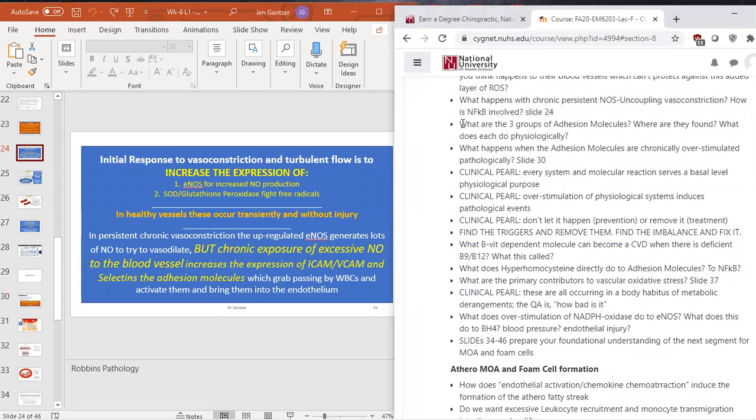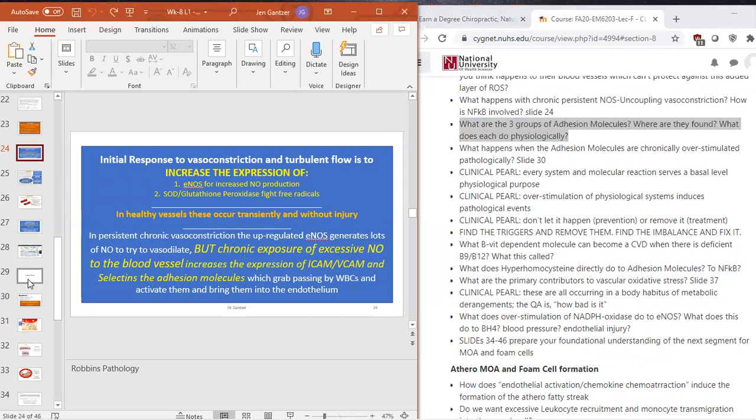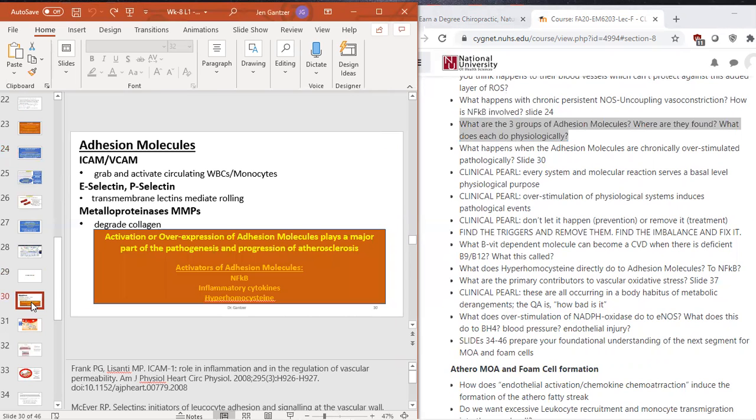All right, so finally, I've said adhesion molecules a lot. Let's take a look at what they are. There are 3. Each one has its own function, and then they all get to play in the game of atherosclerosis. So adhesion molecules serve a normal physiological role.